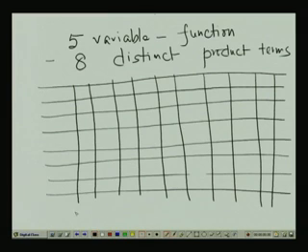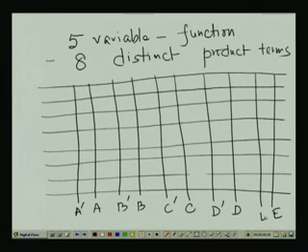So, now if I give the names, this is my A, A bar, B, B bar, C, C bar, D, D bar, E, E bar.